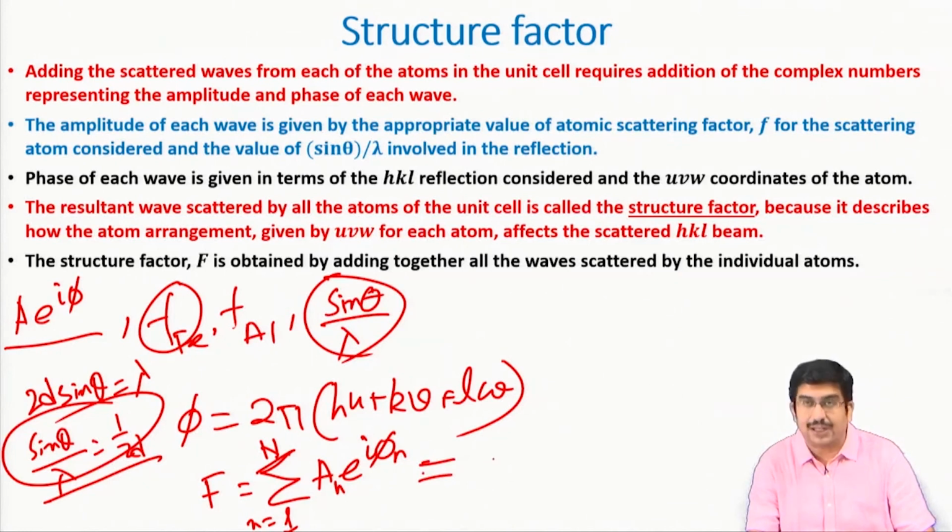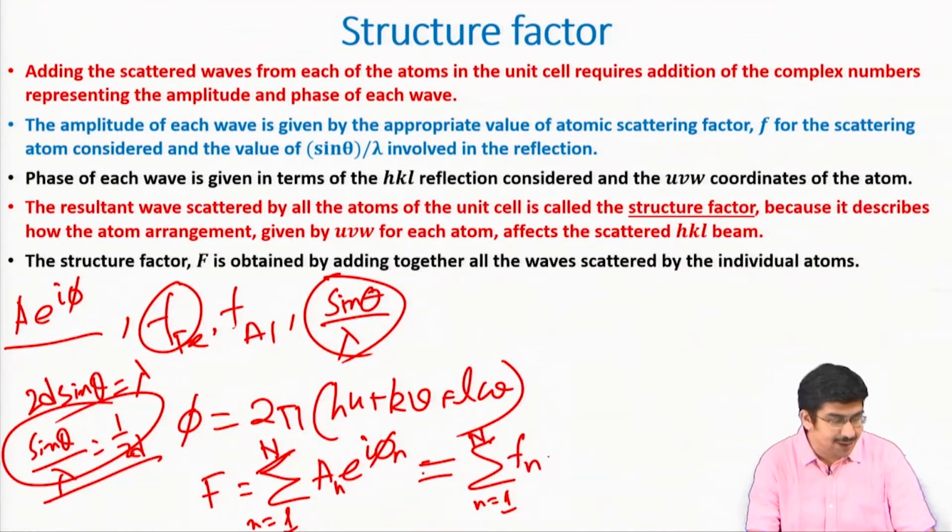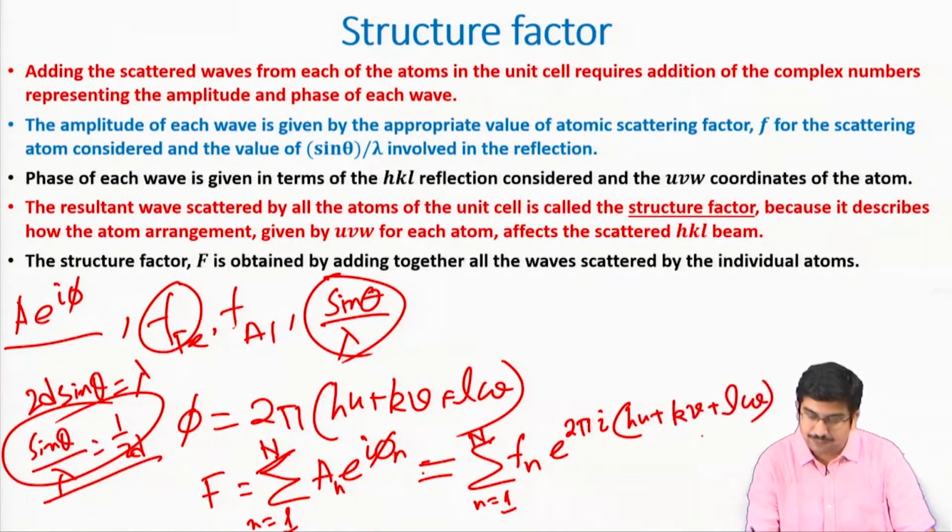Okay. So, this we can write as again a summation of n equals from 1 to capital N number of atoms. If we imagine that it is one type of element, then we can write it as f e^(2 pi i (h u plus k v plus L w)).